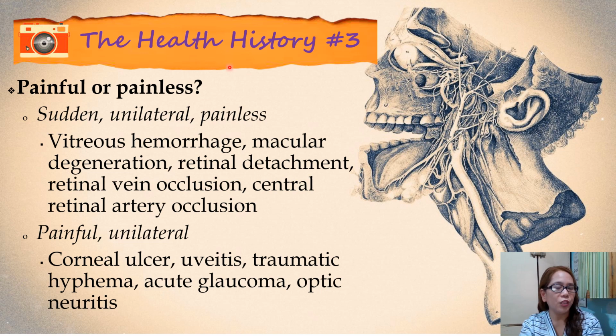Okay, so to continue with your health history taking, you have to assess or to ask your client if it is painful or painless. So if you observe or if the patient reported it is sudden, it is unilateral, and it is painless, that could be a sign of vitreous hemorrhage or macular degeneration, or could be retinal detachment or retinal vein occlusion or central retinal artery occlusion.